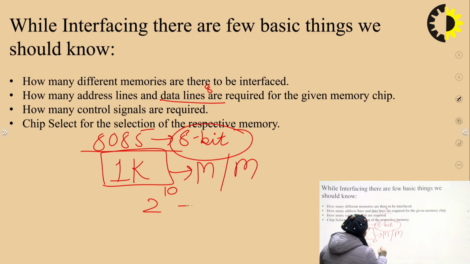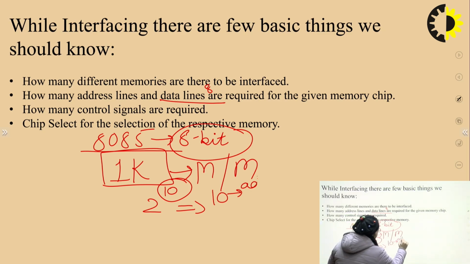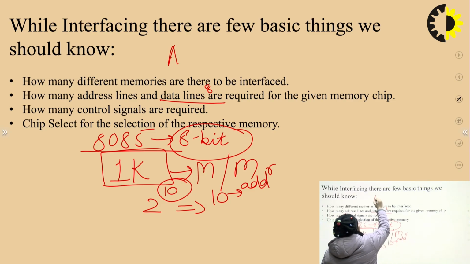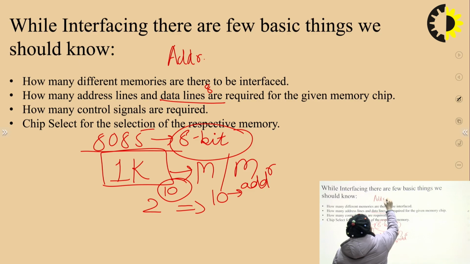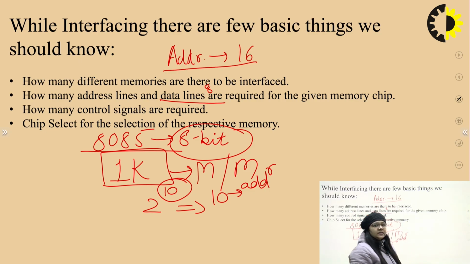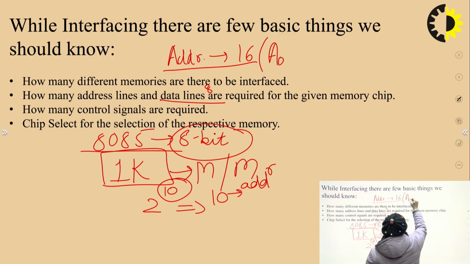This 10 denotes the number of address lines required. As we all know, the total number of address lines in the 8085 microprocessor is 16, that is from A0 to A15. These 16 lines are there.